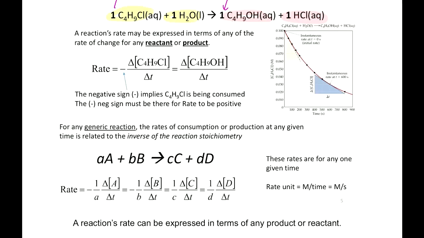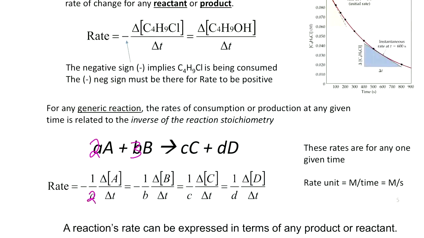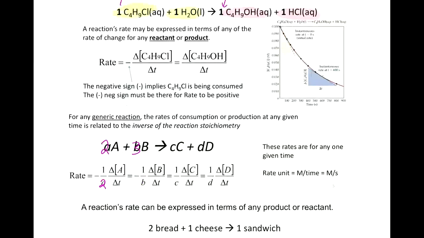They're all related to one another via stoichiometry, but the coefficients end up in the denominator. So for example, if we were combining 2 A's and 3 B's with one another, when we compare the rates, those coefficients become the denominators in these fractions. All right. And again, the negative signs imply consumption. Positive on the side implies that we're producing something with this reaction.